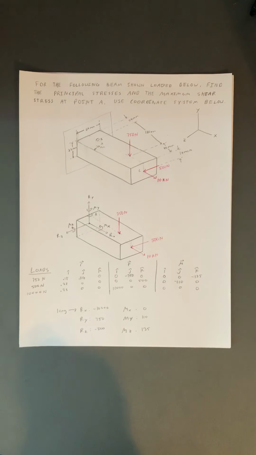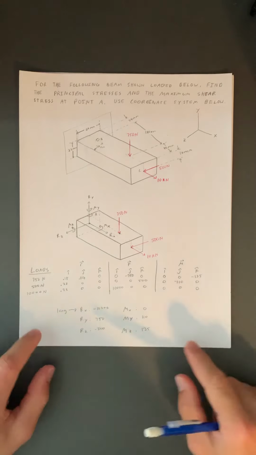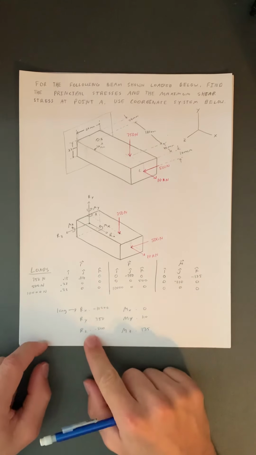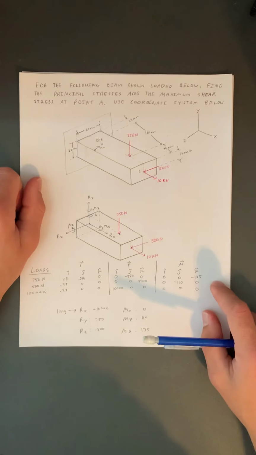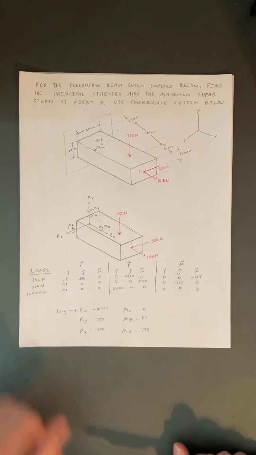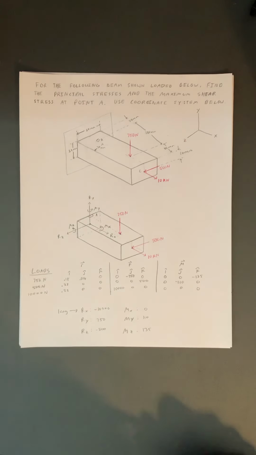That is going to help us later when we're solving for the individual stress due to each load type. We're going to use that as a reference for what each reaction force is going to create on the beam. So we're going to go ahead and start that.